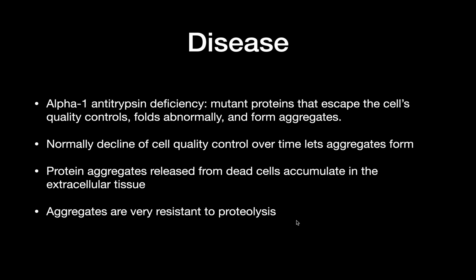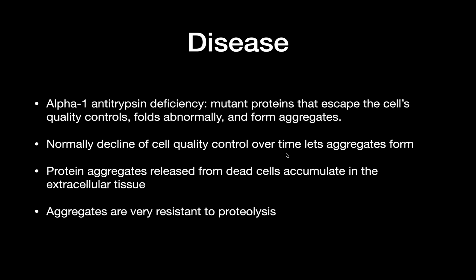So emphysema occurs because in normal respiratory tissue, we have antitrypsin, and antitrypsin prevents the degradation of our tissues. So with the aggregates that are all around, the trypsin will be released, and trypsin is a degradation protease, right?